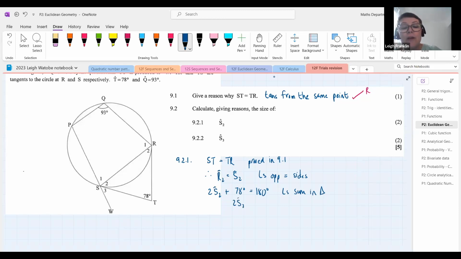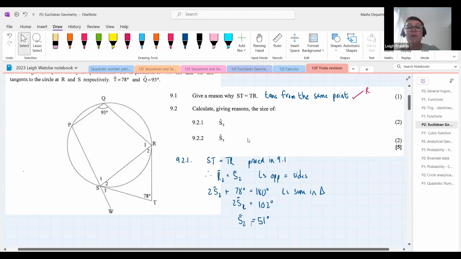So 2 of S2 is going to be equal to the difference between 180 and 78, which leaves me with 102. Now I can divide both sides by 2, and that means that S2 is equal to 51 degrees.